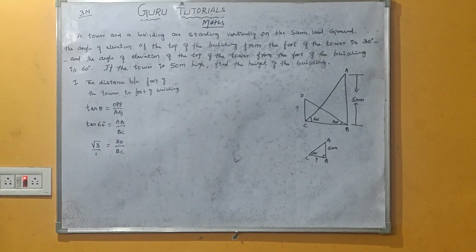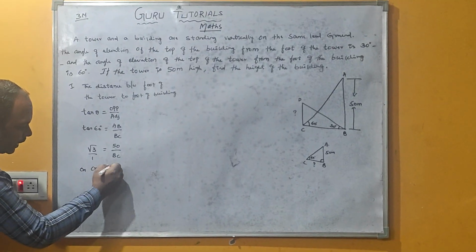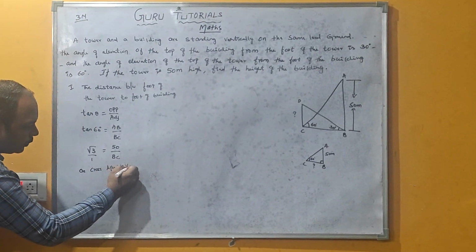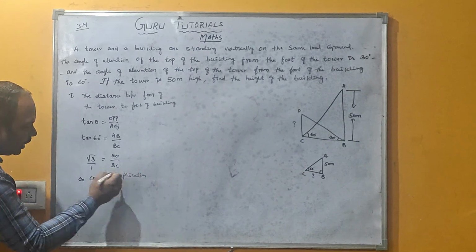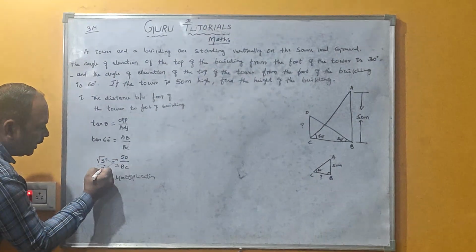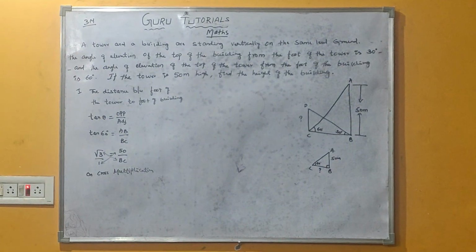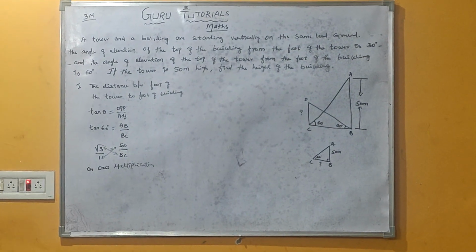Now what to do here? Cross multiplication. From here to here I have to multiply, and from here to here I have to multiply. We can do cross multiplication when there is an equals sign, on either side.